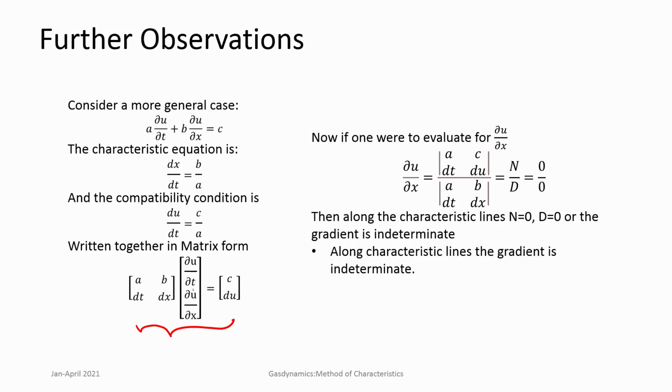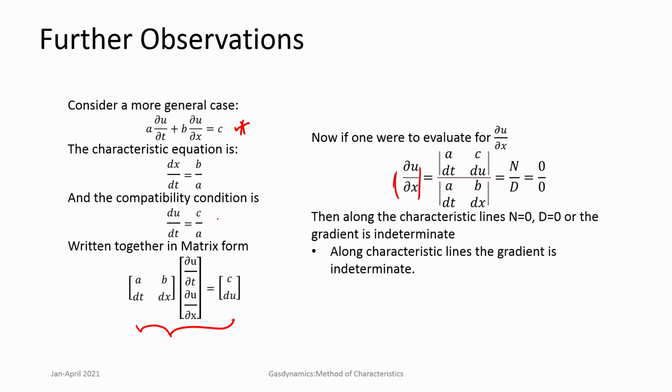So, a dou u by dou t plus b dou u by dou x equal to c, which is the partial differential equation itself, and dou u by dou t dt plus dou u by dou x dx equal to du. This is the definition of the total derivative. From this, we want to evaluate dou u by dou x, the partial derivative, along the characteristic lines.